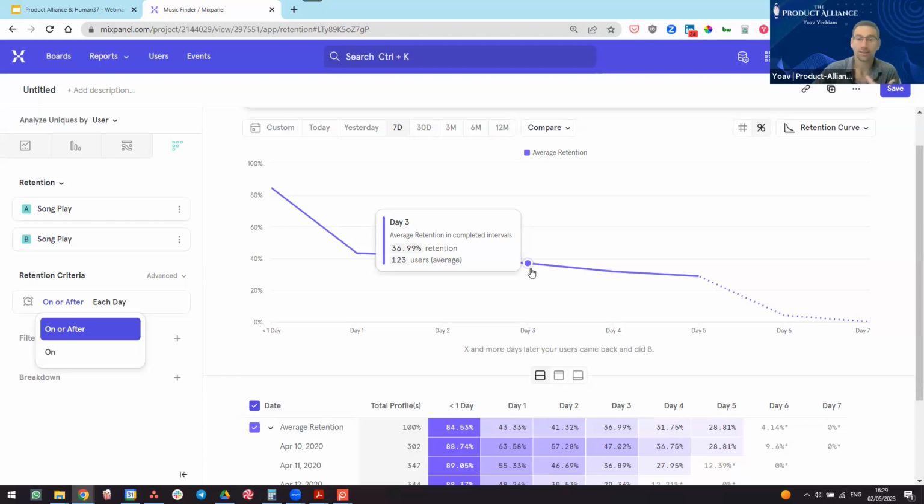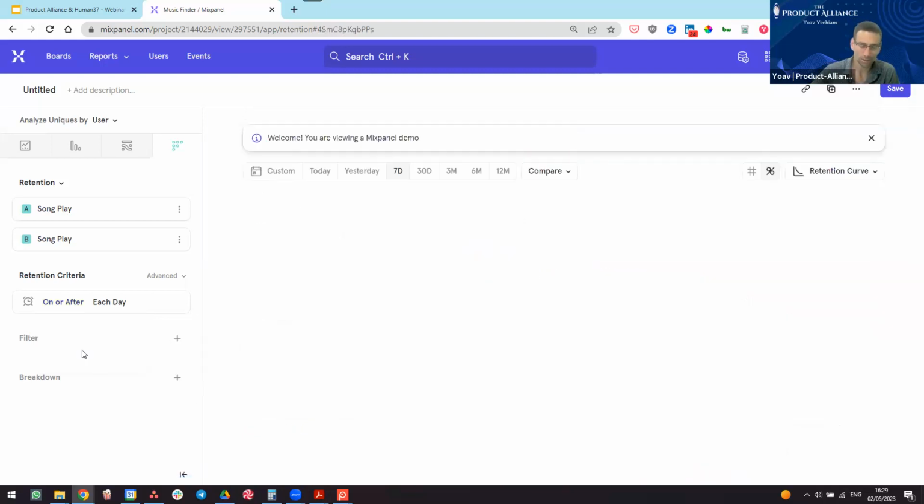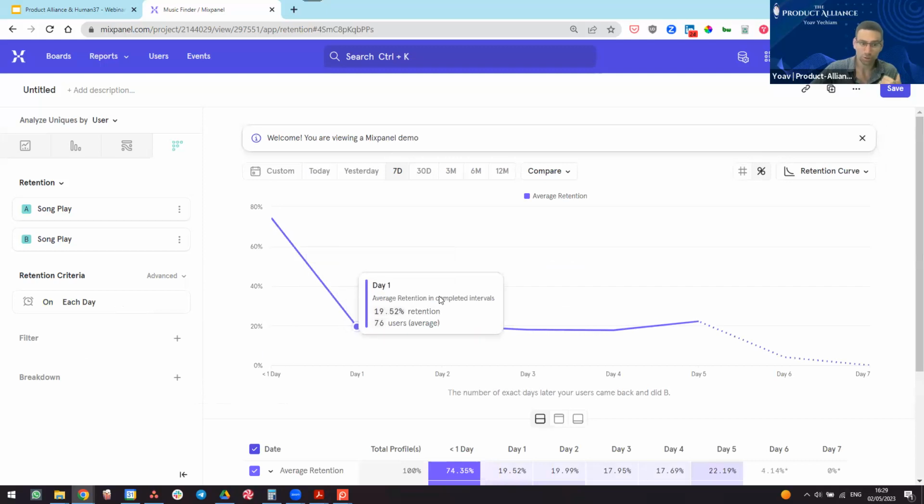No, it means that they came in at least on Wednesday or after. So if we change it to on, we see that the numbers drop significantly. They drop, yeah, now it's 18%. These are the users that came in on exactly the third day after doing the first instance.